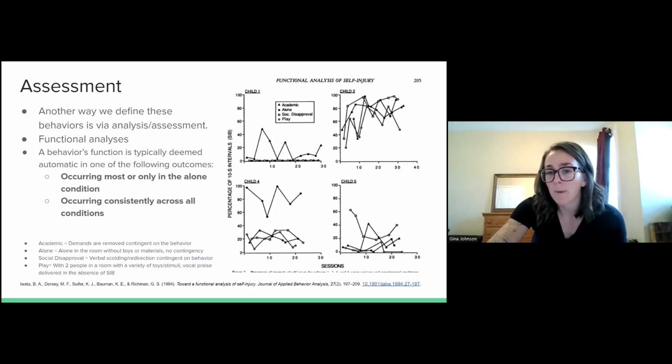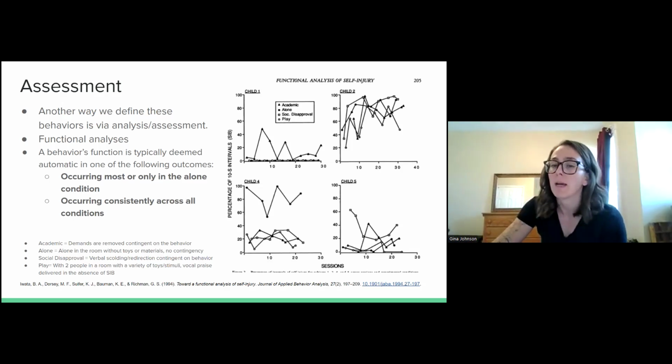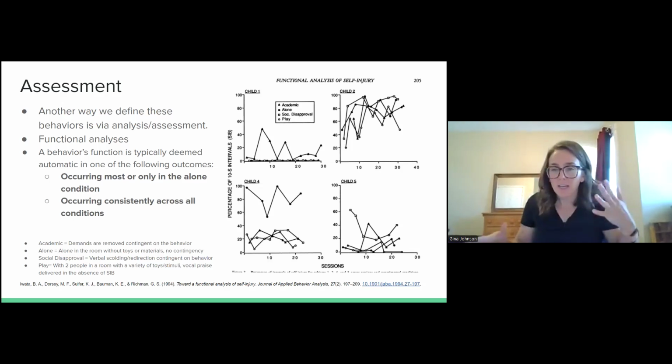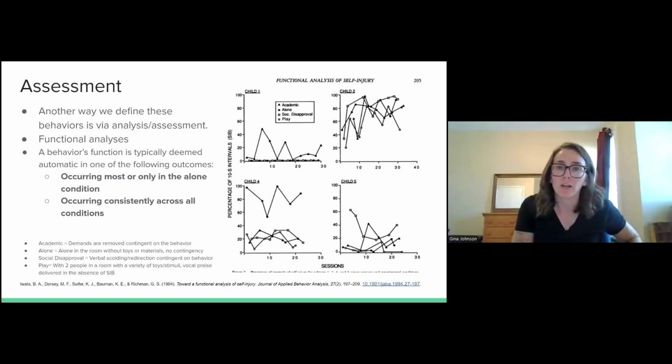When the behavior happens, it's addressed with scolding, so comments. So this behavior would be maintained by attention. So you're getting a view of different functions of behavior here.